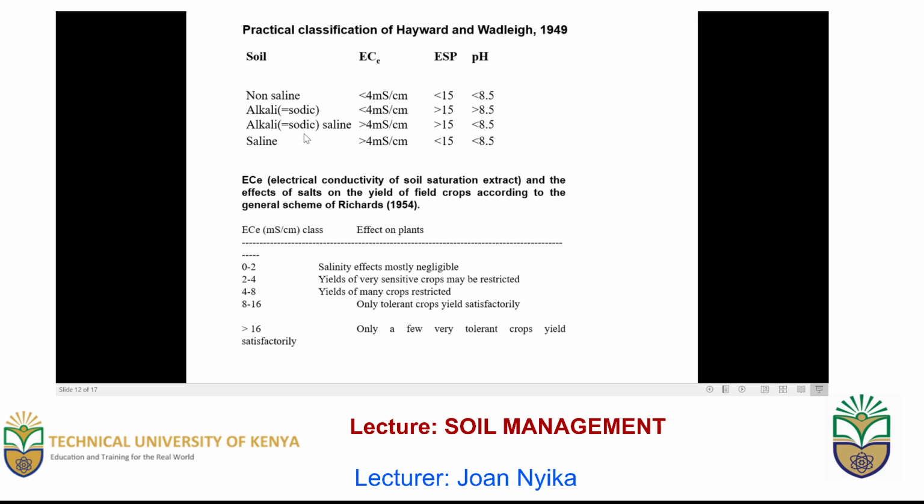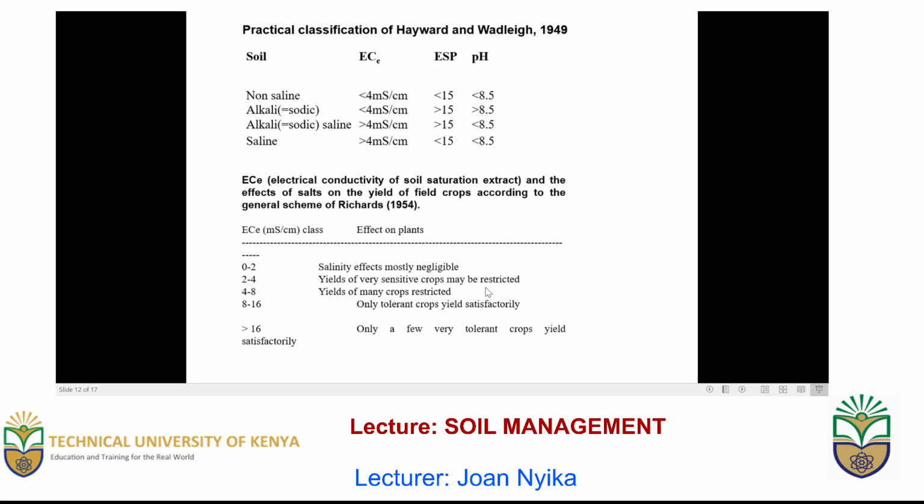Saline-sodic soils have an EC of more than 4, an ESP of more than 15, and a pH of less than 8.5. Saline soils, on the other hand, have an EC of greater than 4, an ESP of less than 15, and a pH of less than 8.5. These are the various indicators we have for knowing how saline a soil is.